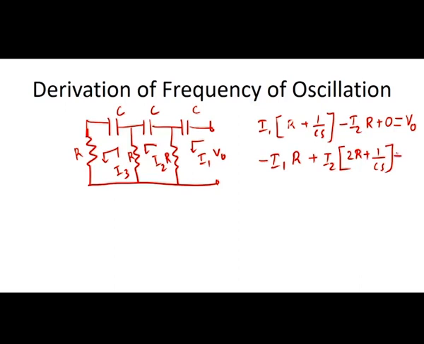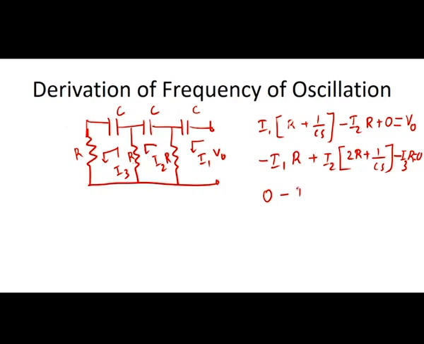And what is I3 in this equation? Here this resistor is taking the current I3 also. So, I am subtracting this I3R equal to 0, there is no voltage. And finally, the third loop has I2 current, there is no I1 current. So, 0, I2 current is flowing through this resistance.